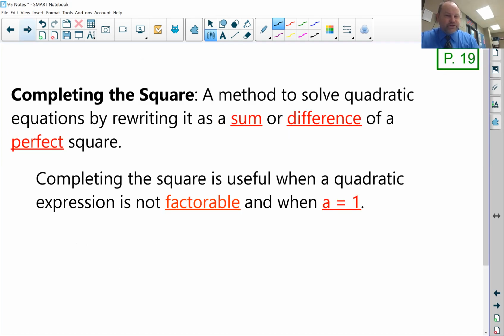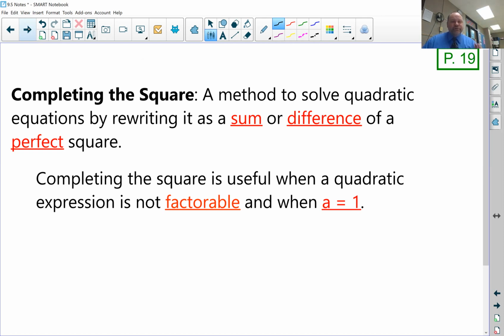So completing the square is a method to solve quadratic equations by rewriting it as a sum or difference of a perfect square. Completing the square is useful when a quadratic expression is not factorable and when a is equal to 1.